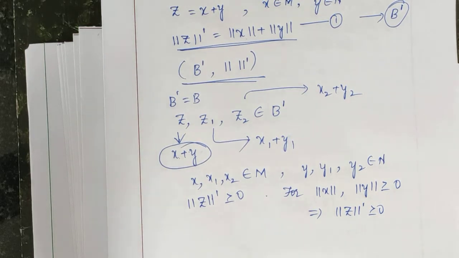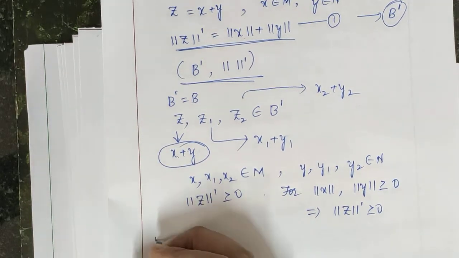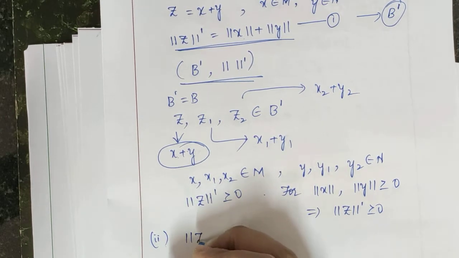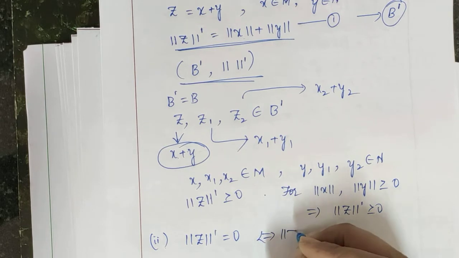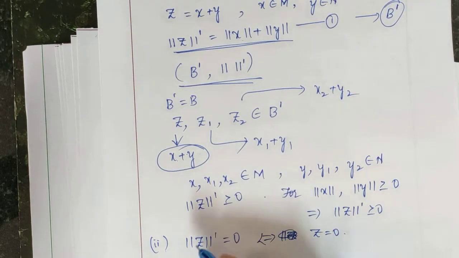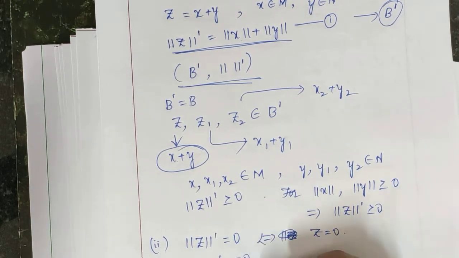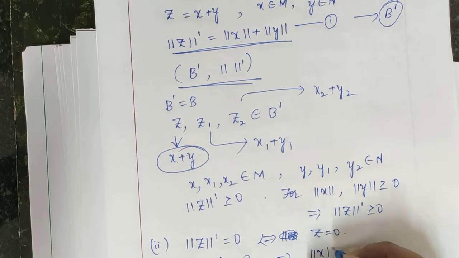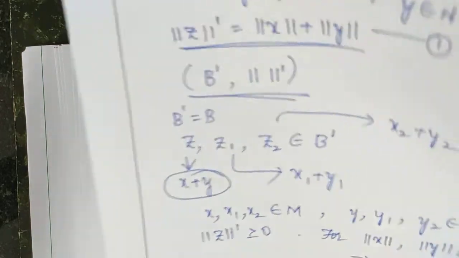So the next case is I have to prove that norm Z prime is equal to 0 if and only if Z is equal to 0, right? This is my second case. How can I prove this? If I consider norm Z prime is equal to 0, this implies that norm X plus norm Y is equal to 0.